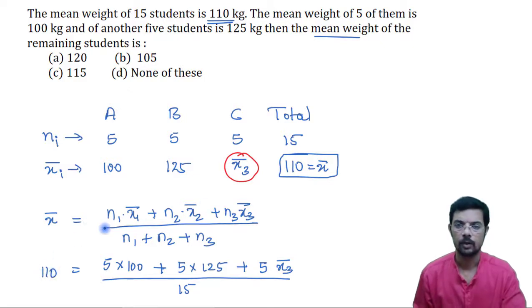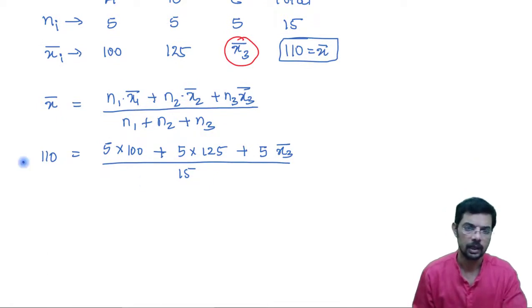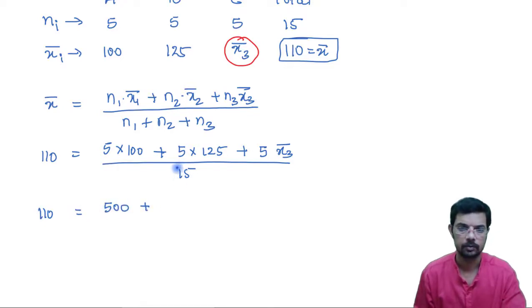When we calculate this, 5 into 100 is 500, and 125 into 5 gives you 625, plus 5 times x3 bar.